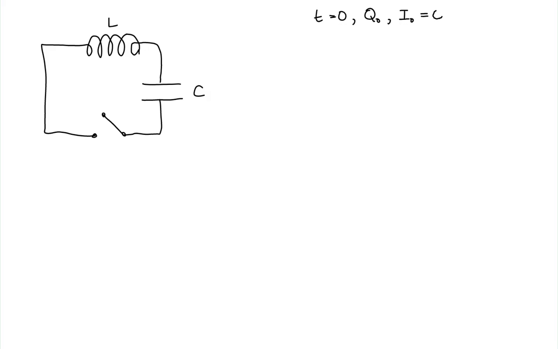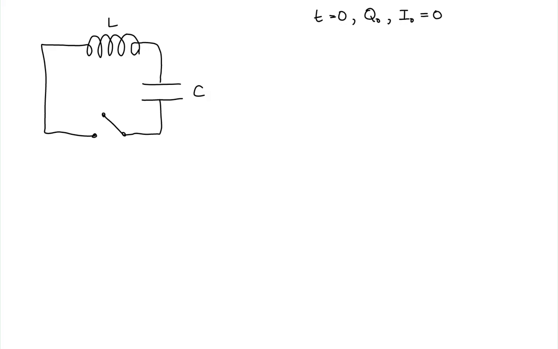We have an inductor, and this inductor is in series with a capacitor and a switch. The inductor has inductance L, the capacitor has capacitance C, and at time t equals 0, the charge on the capacitor's plates is Q0, and the current in the circuit is equal to 0.